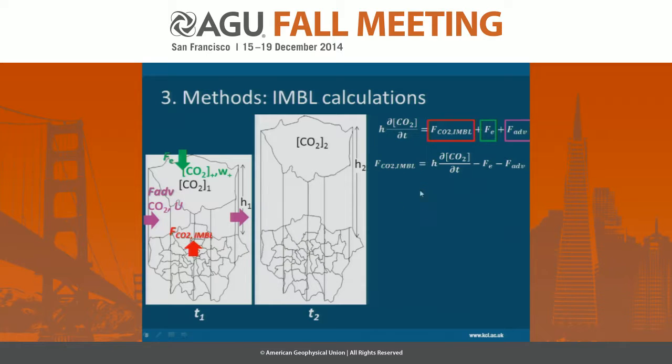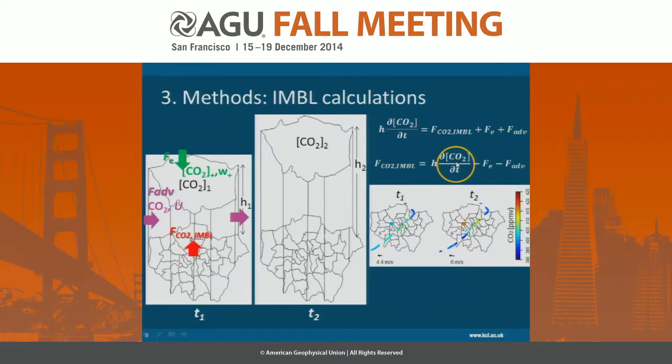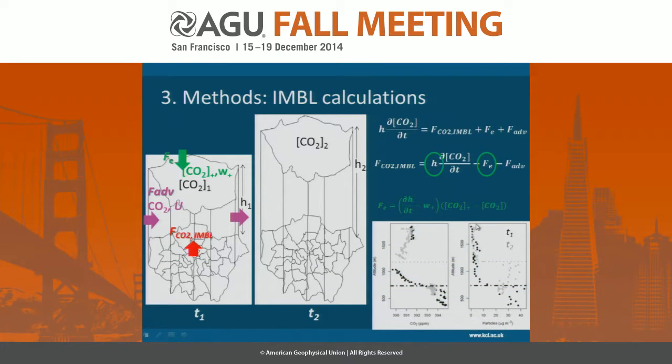So if we isolate the term that we want to calculate, we will need to quantify the changes of the CO2 concentration over time, and for that we take the difference of the concentration measured at different times in the horizontal transects. The boundary layer height and the entrainment flux are derived using the information from the vertical profiles. We use the temperature vertical profiles to determine the boundary layer height, and sometimes trace gas information helps us as well.